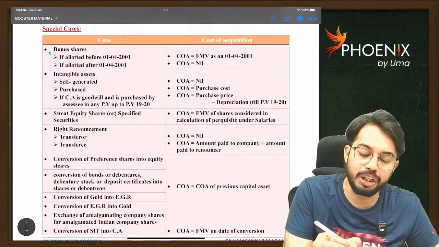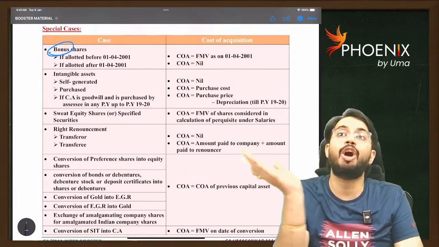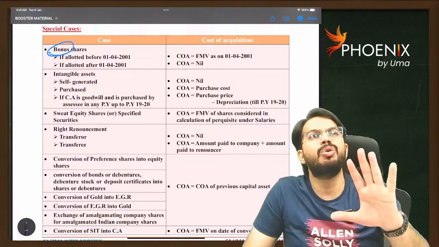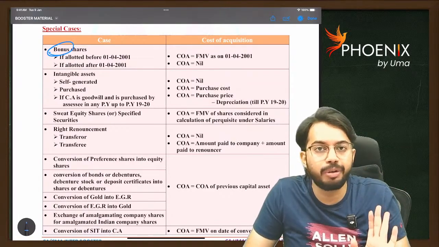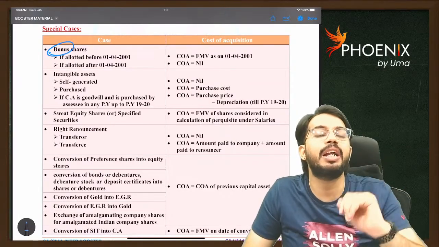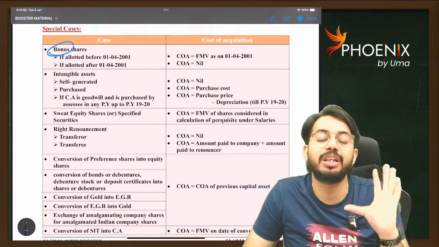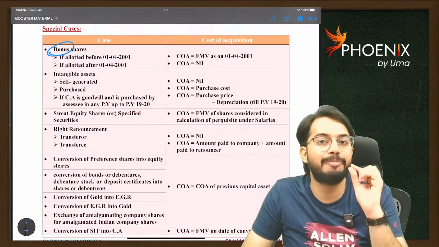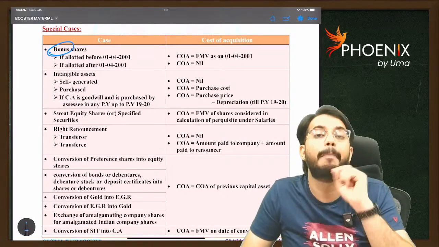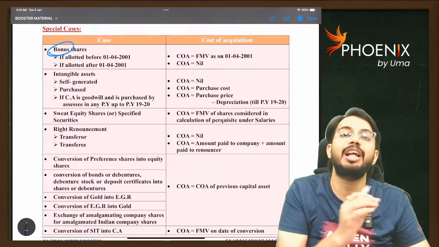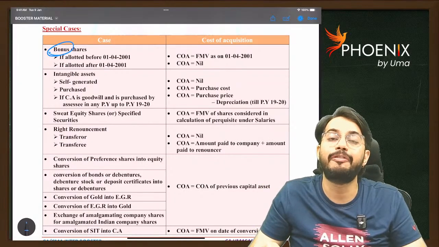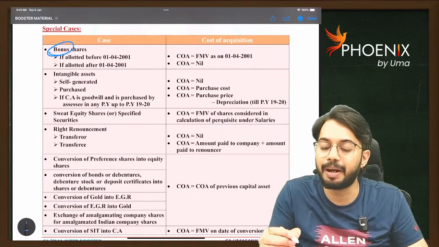In case of bonus shares, to get bonus shares, will you pay anything to the company? You will not pay anything to the company. In fact, you are getting bonus shares free of cost. That's why cost of acquisition of bonus shares is zero. But if bonus shares are allotted before 1st April 2001, then cost of acquisition is equal to fair market value as on 1st April 2001.